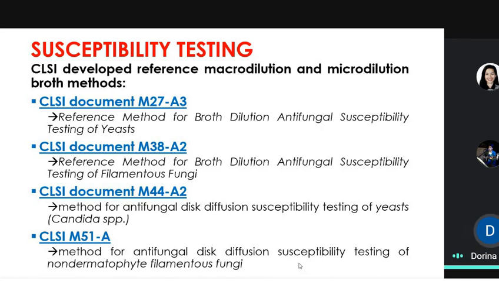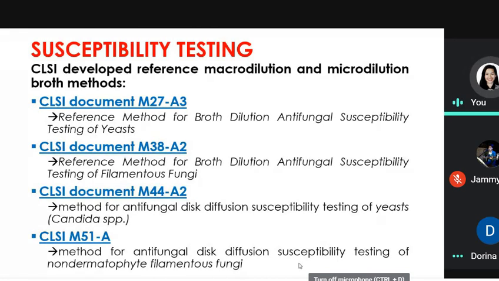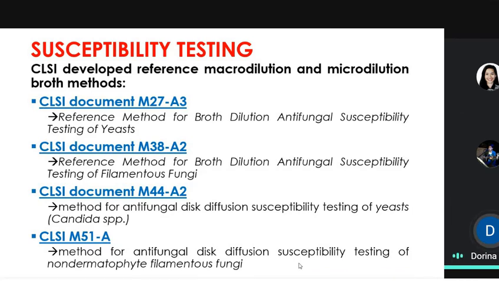You prepare, how do you do your antimicrobial susceptibility? Angelica or Serena? Za? Ay, ganon? Okay. Ngayon, Chappy?